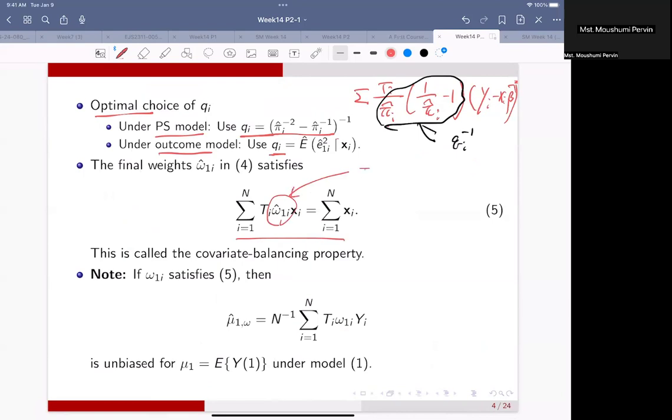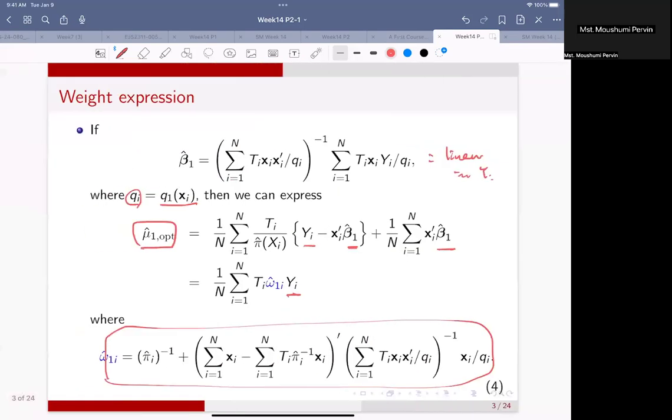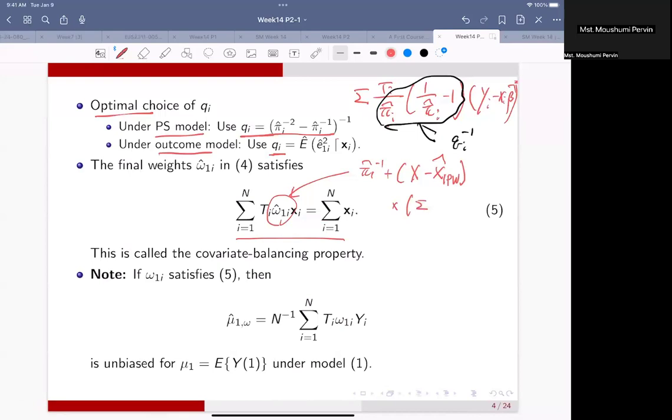So this is equal to pi i hat inverse plus x total minus x hat IPW, and then this term, Ti Qi inverse, xi prime inverse times xi Qi inverse, right?